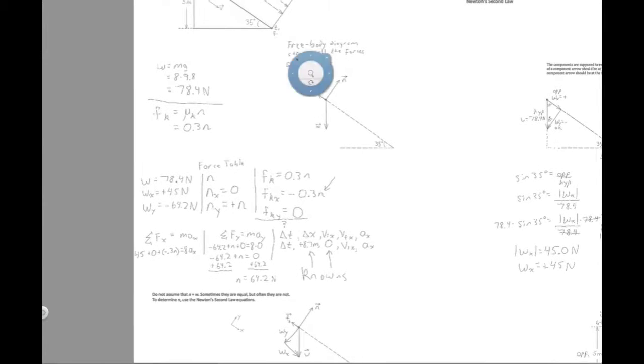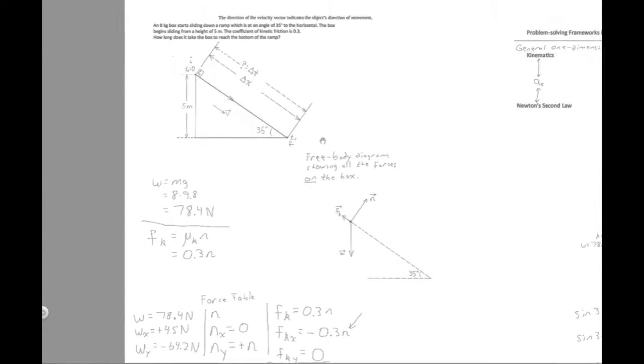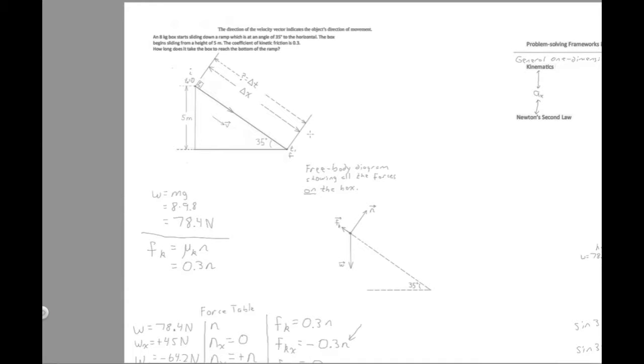What were the new complications on this problem? Well, we've already done inclined plane problems in the past, and we've already done friction and kinematics problems in the past, but we've never combined all 3 of those into one problem. This is the first problem where we had an inclined plane and friction and kinematics. So you can see the difficulty level of these problems is ramping up, no pun intended.